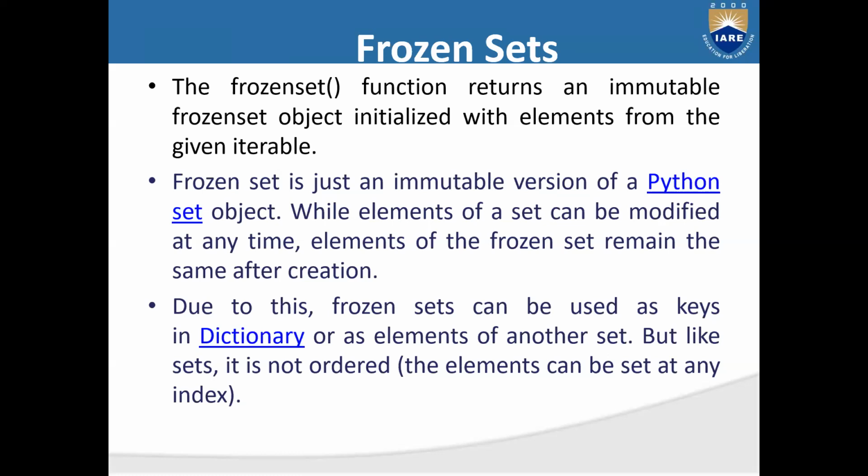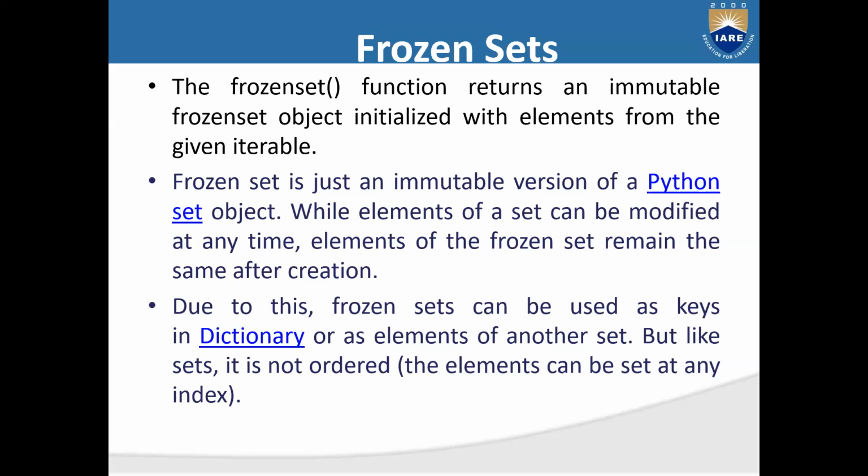Okay, everyone, listen here. Sets and frozen sets, these are the two concepts which I have discussed with you earlier. Frozen sets are the immutable version of the Python set object. In sets, the elements can be modified at any time, but in a frozen set, once the elements are created, they will remain the same after creation.